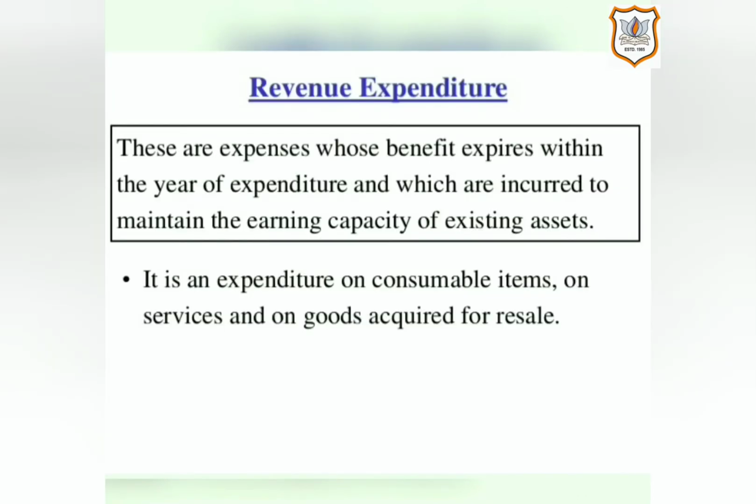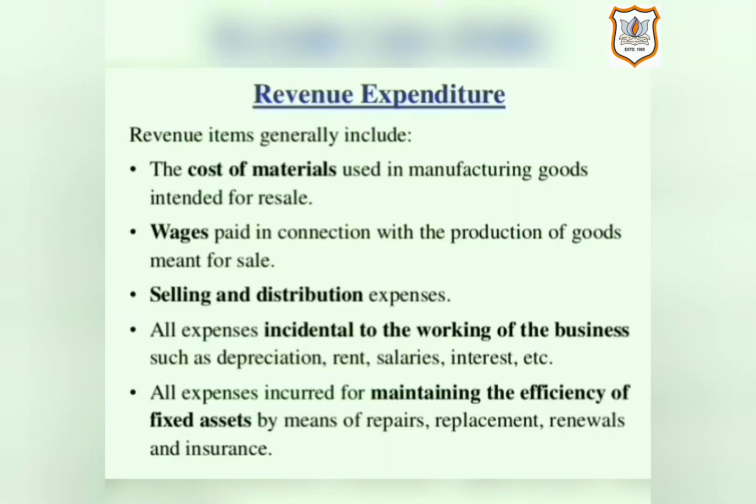Now let us see what is revenue expenditure. Revenue expenditure is the expenditure incurred, the benefit of which is consumed within the accounting period, that is 12 months. Generally, the accounting period consists of 12 months. The flow of these payments would remain constant. From these payments, profit and loss is determined.